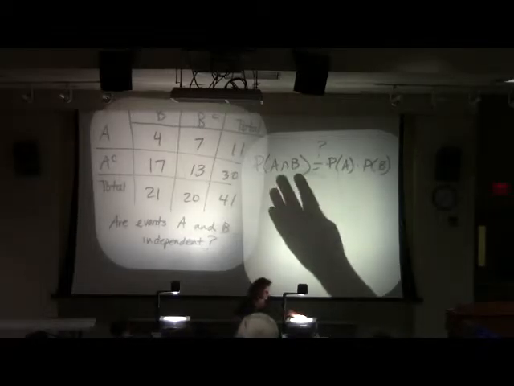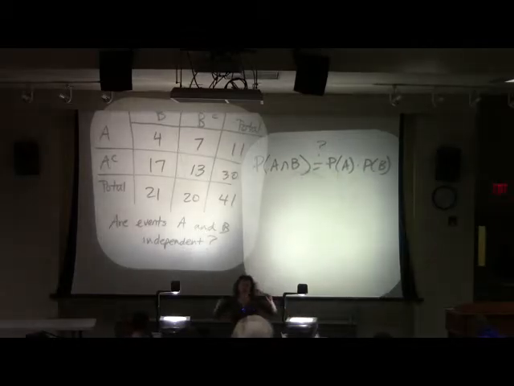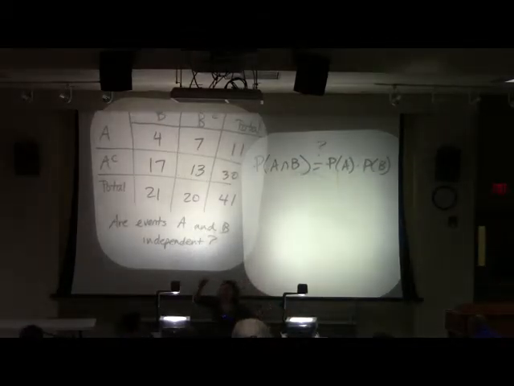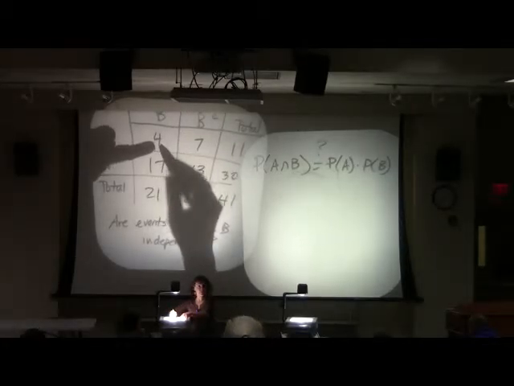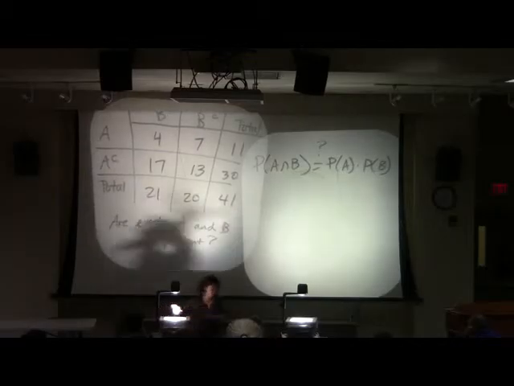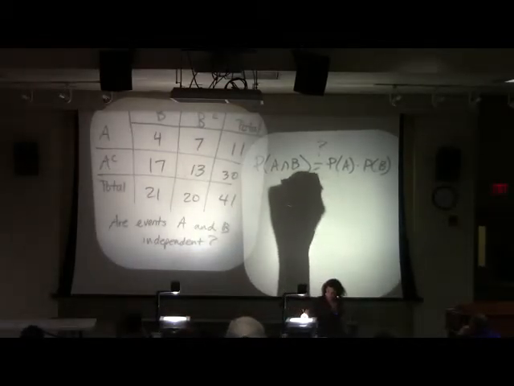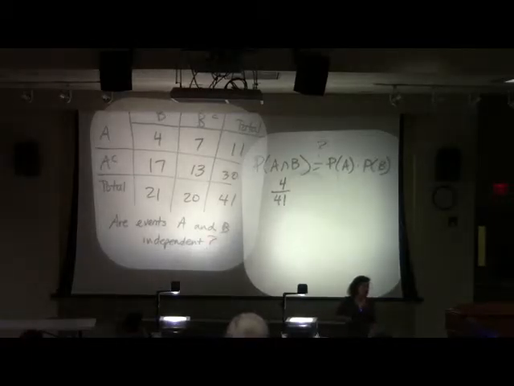I want to find the probability of A intersect B. In other words, I'm interested when A and B happen. In how many ways does that happen? 4 out of the total 41. So do you guys agree that the probability of A intersect B is 4 over 41?